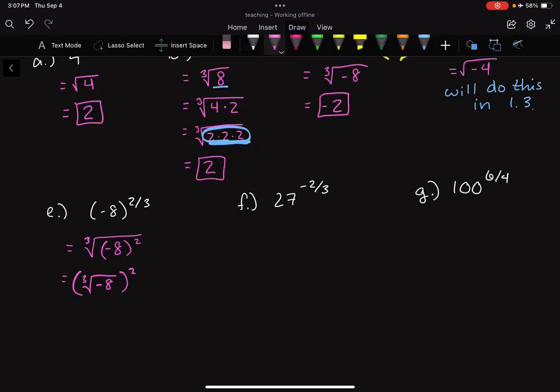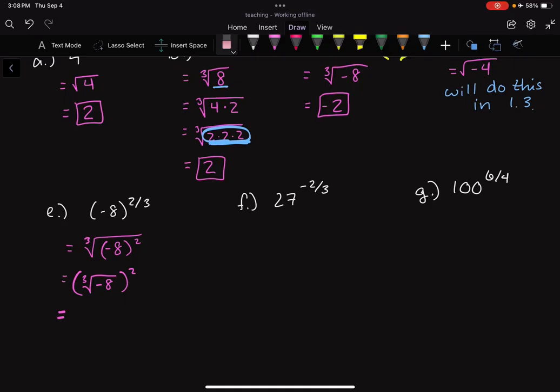The reason I want to do the root first is because I can do the cubed root of -8 and it's going to make my number smaller, and then I can square it and get bigger. Really this class is made to be done with no calculator, so I want us to practice getting smaller with a number before we get bigger. That way we don't rely on a calculator as much.